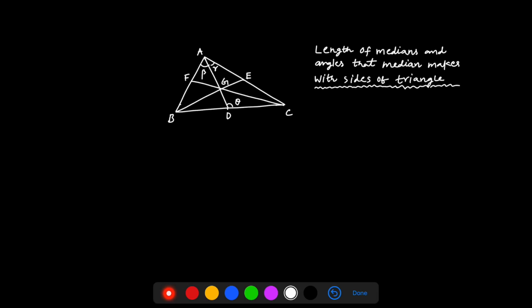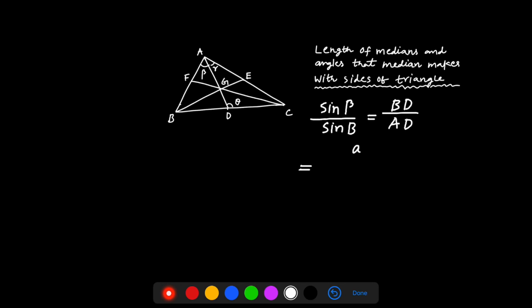Similarly, whenever we are computing sin beta, in that case we will consider the triangle ABD. So sin beta by sin B will be BD by AD.